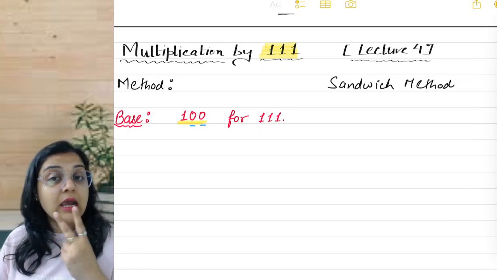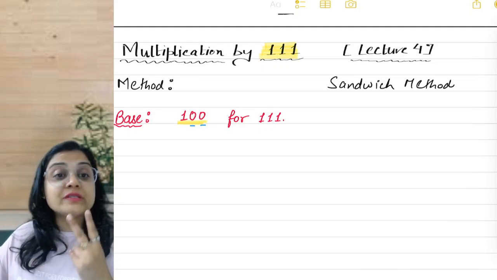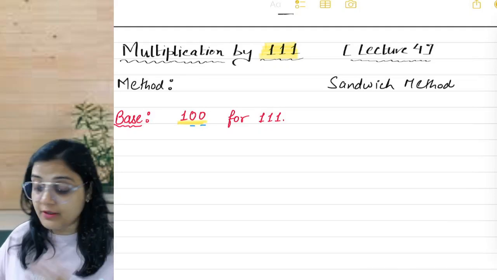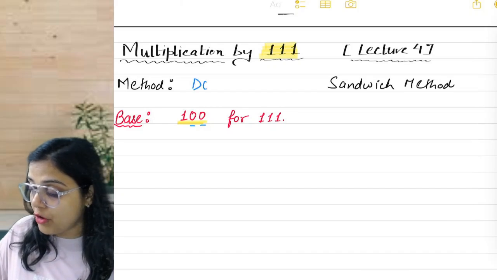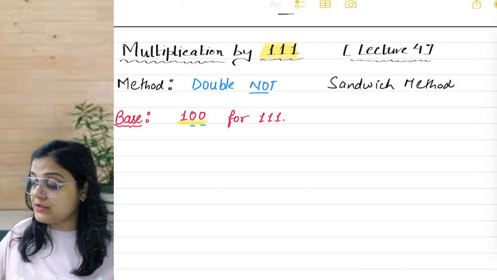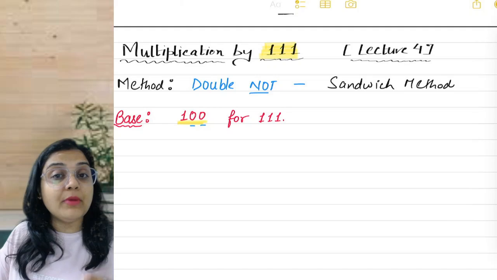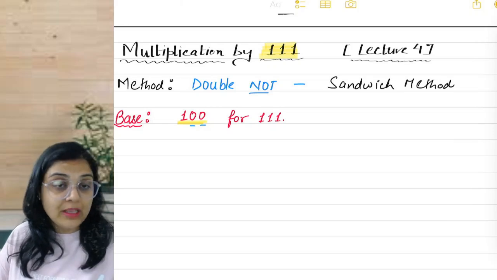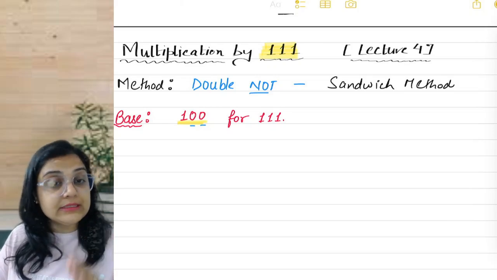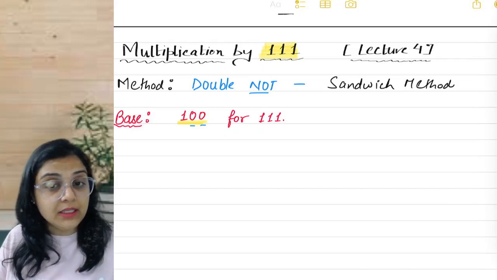Remember, 100 has 2 zeros in it. So instead of the single knot sandwich method, we will use the double knot sandwich method for multiplying any number with triple one. Knot means nothing here. So in the beginning, I will proceed with the easier ones, in which we will not have any carry questions.